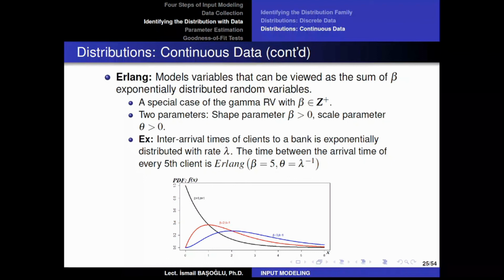The time between these arrivals are going to be Erlang distributed, where the scale parameter is the inverse of the rate parameter of the exponential arrival rate, and beta is going to be 5.